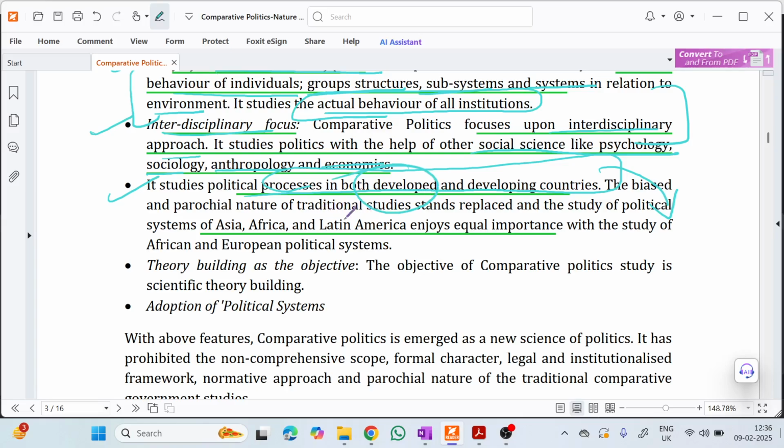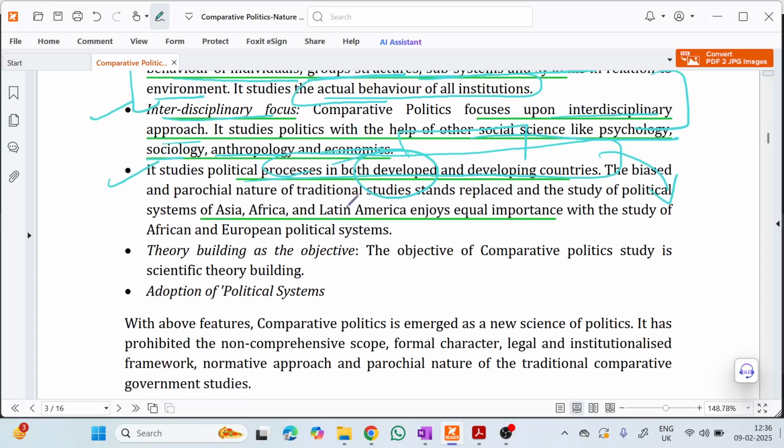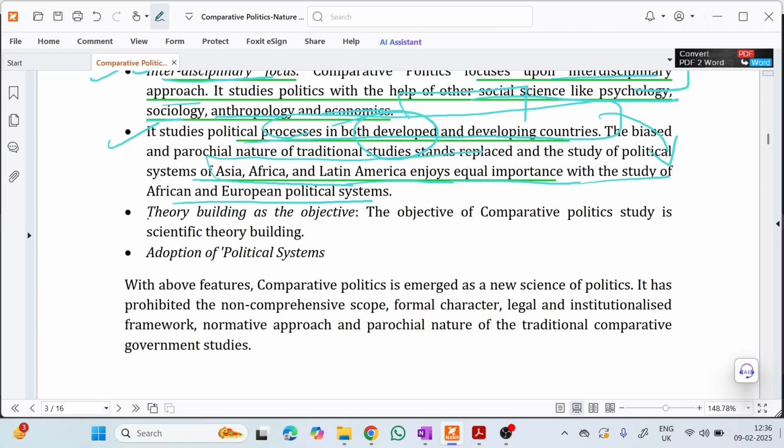So now comparative politics studies all kinds of countries, whether rich or poor, whether developed or developing, whether from north or south. So here the political systems of Asia, Africa, and Latin America, the countries of the global south, also enjoy equal importance with the study of American and European political systems.